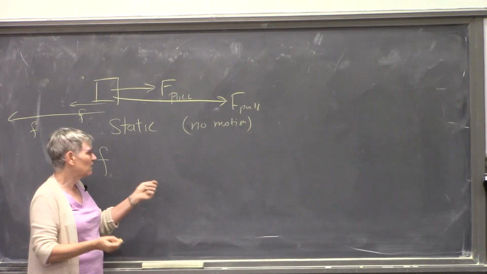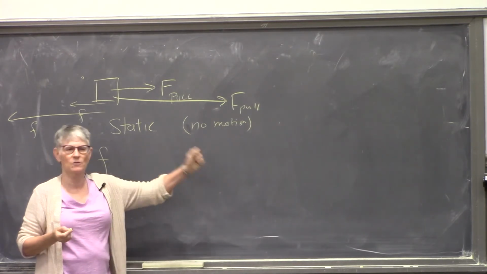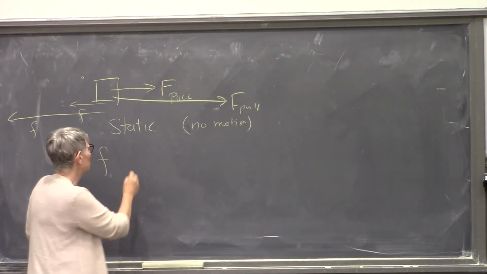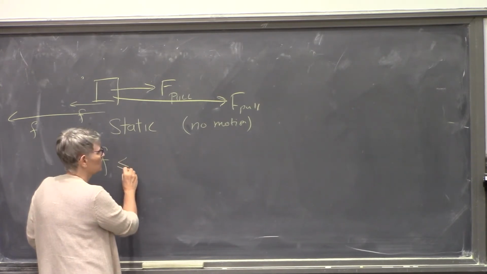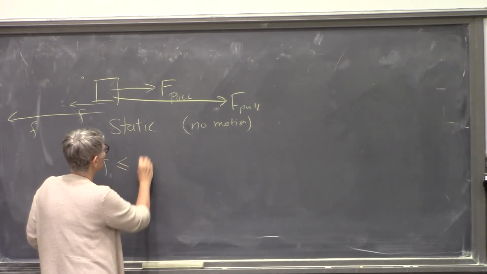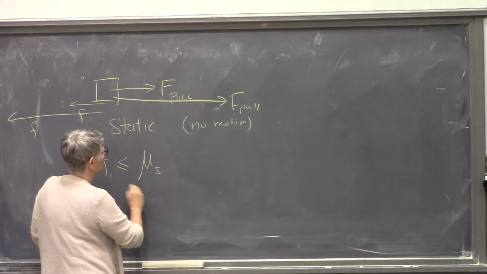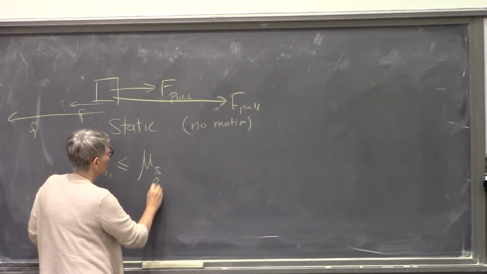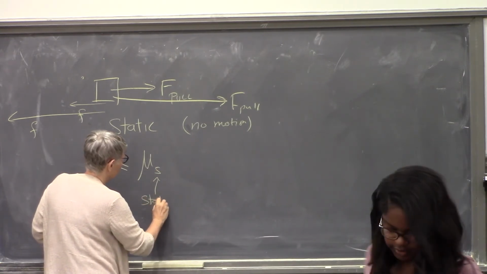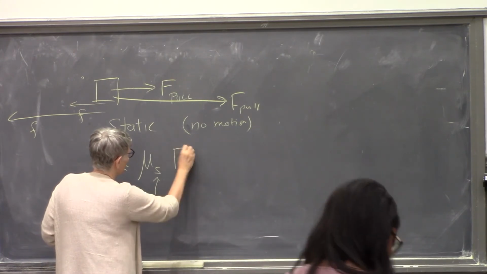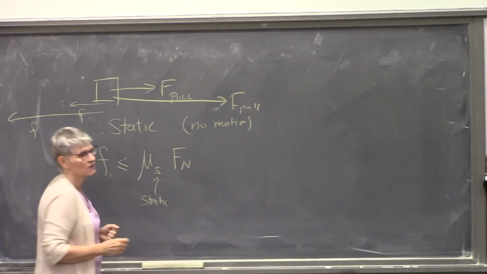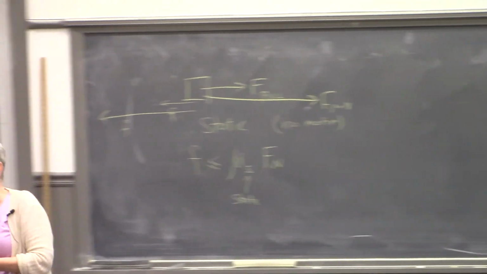And then finally, when it gets to that value and you exert a bigger force than that, it breaks free and slides. So we actually write it as the friction force is less than or equal to a different coefficient of friction called the coefficient of static friction times the normal force. So there are these two regimes.